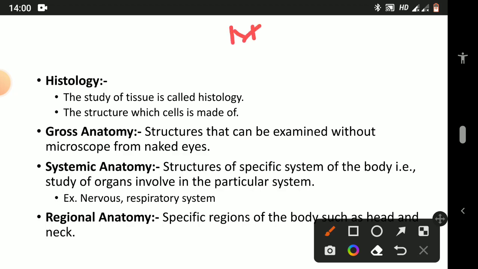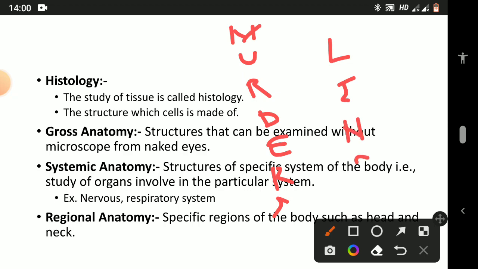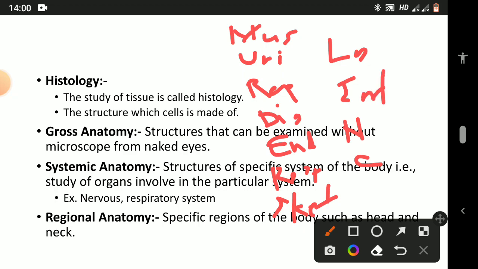The 11 systems can be remembered by the mnemonic MURDERS LINC. M for muscular system, U for urinary system, R for reproductive system, D for digestive system, E for endocrine system, R for respiratory system, S for skeletal system, L for lymphatic system, I for integumentary, that is the skin related system, N for nervous system, and the last one is the cardiovascular system.